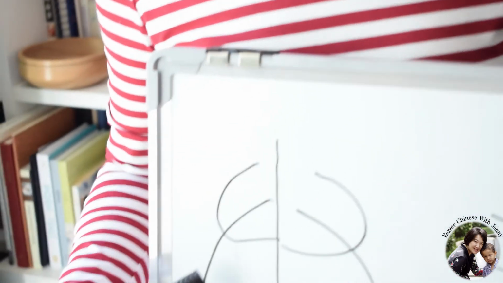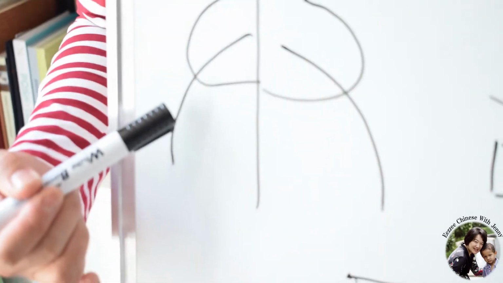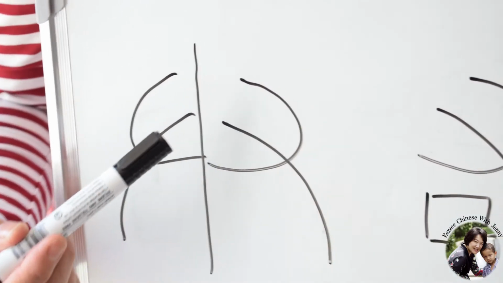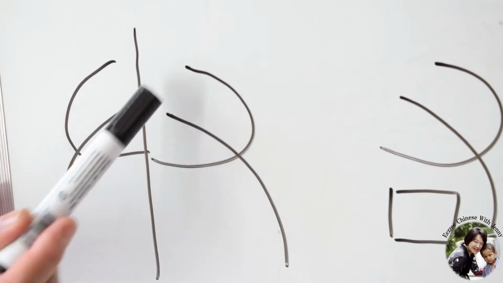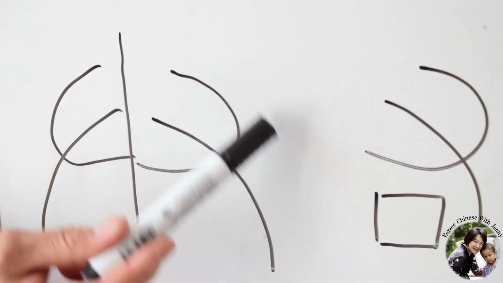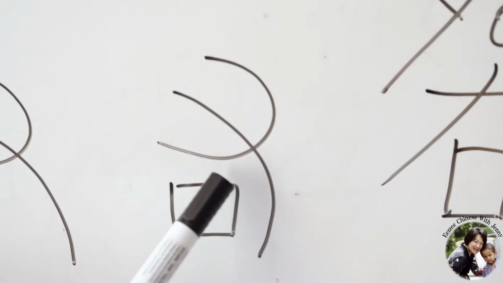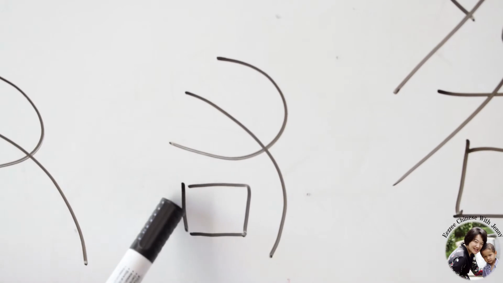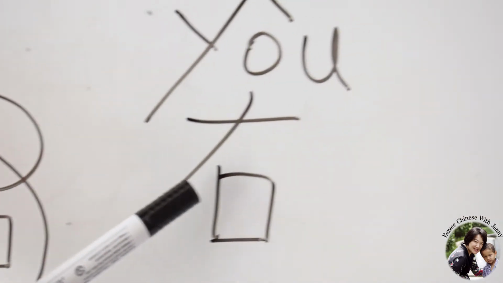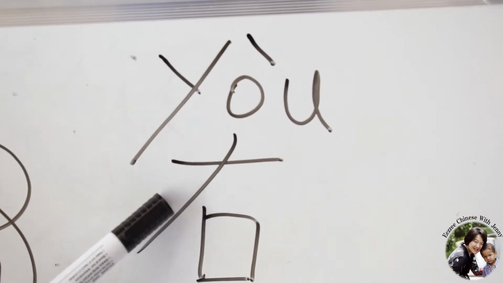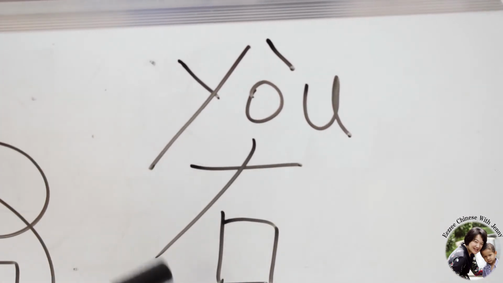Remember we just learned this character, the left hand, means left. How about right? Yes, you're right. This is a right hand. And it evolved like this. They put a mouth below the right hand, currently written like this, means right.